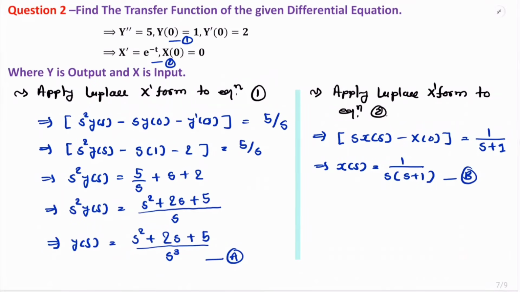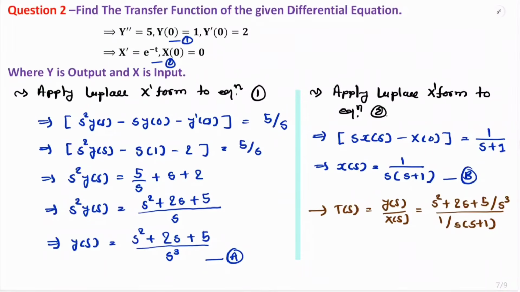And one should know what the transfer function is. The transfer function T of s is the ratio of Y of s divided by X of s. Right. Now we can substitute equation A and equation B in this T of s, where Y of s is s square plus 2s plus phi divided by s cube, and in the denominator we have X of s, that is 1 divided by s plus 1.